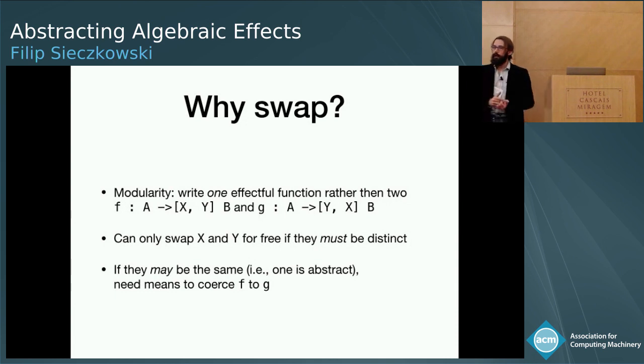So we only could express swap because we always knew the implementations of the effects. And since here we have effects which do not carry their definitions with them, we cannot use this.